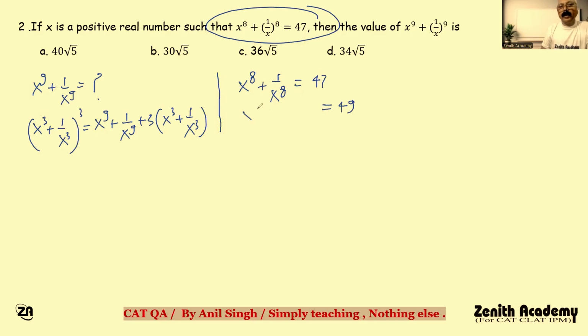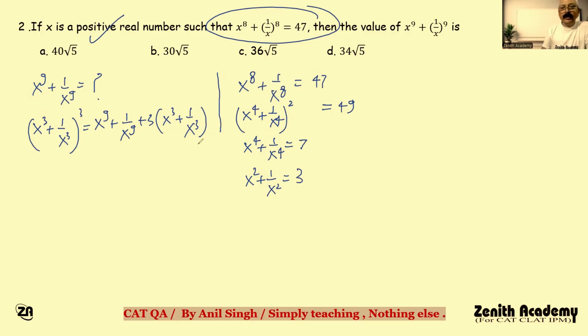And here you can take (x to the power 4 plus 1 upon x to the power 4) whole square. Actually it is plus or minus 7, but it is a positive real number, so this is going to be 7. And further, again if I add 2 to both sides, in the same way you can find x square plus 1 upon x square is equal to 7 plus 2, 9.